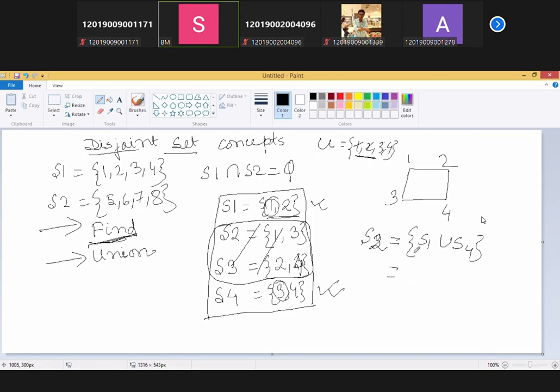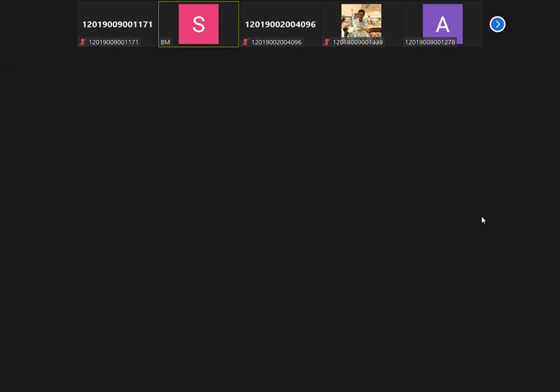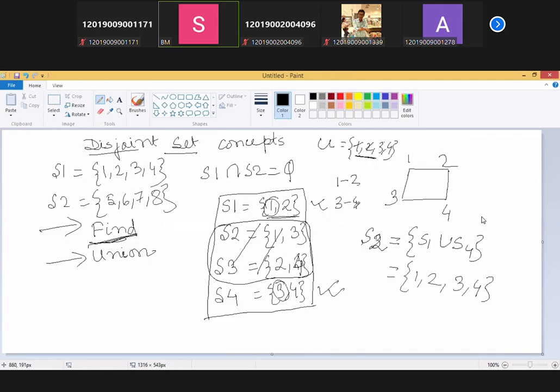So this will obviously be all the elements 1, 2, 3, 4. What have we done? We have done it for line 1 to 2. We have taken this for 3 to 4. Then when I am searching for 1 to 3, I have to do this union find.